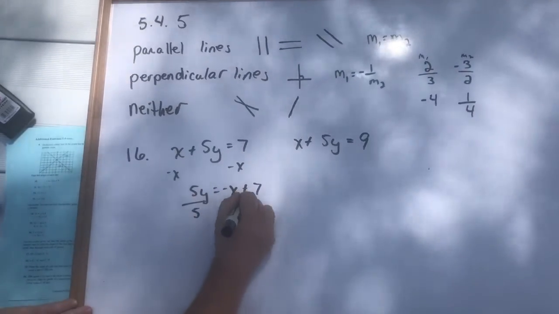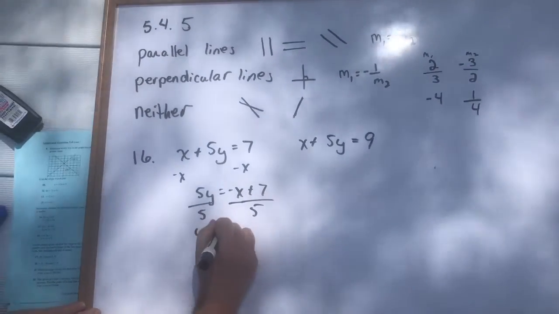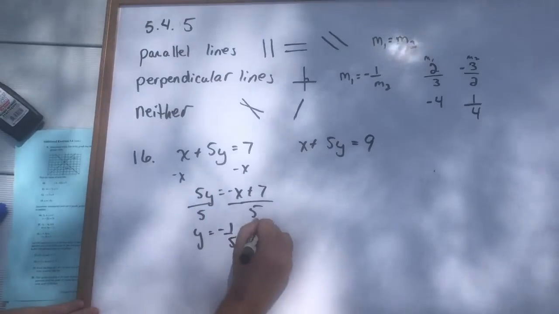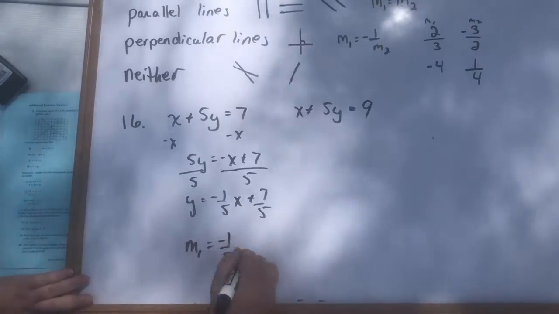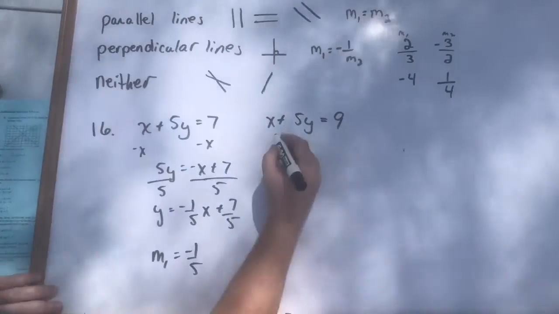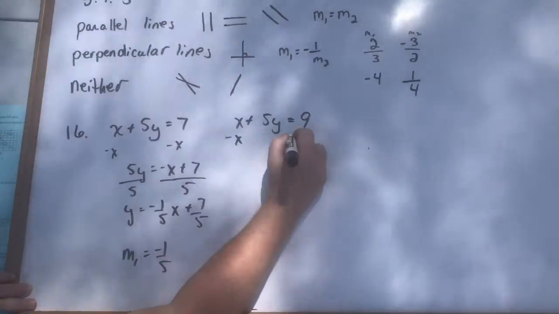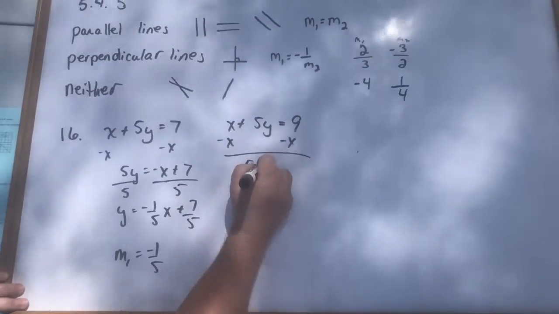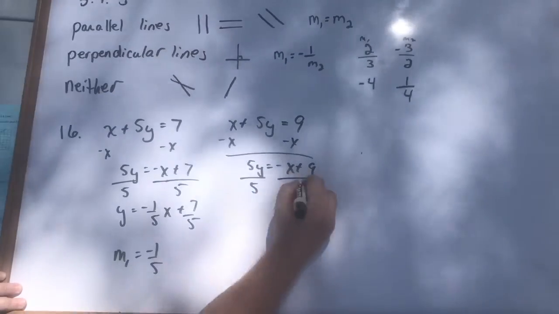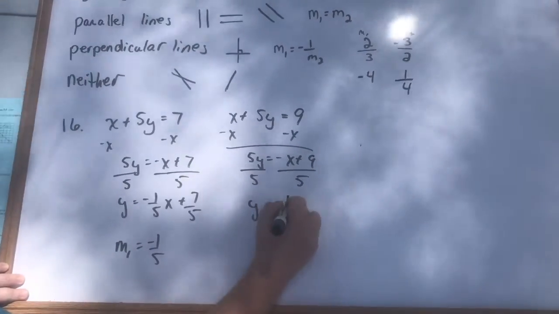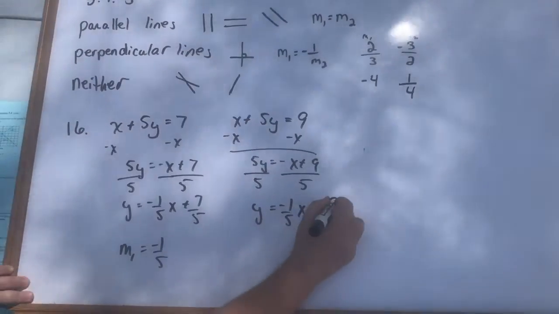Divide by 5: y equals -1/5 x plus 7/5. m1 equals -1/5. Now I'm going to come over here and subtract x from both sides. 5y equals -x plus 9. Divide by 5: y equals -1/5 x plus 9/5.